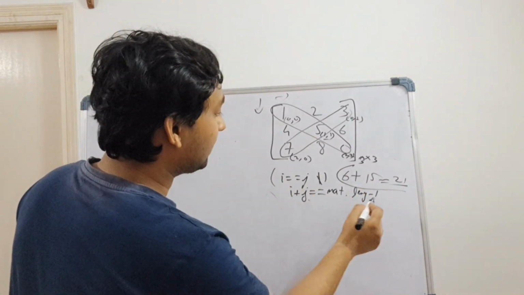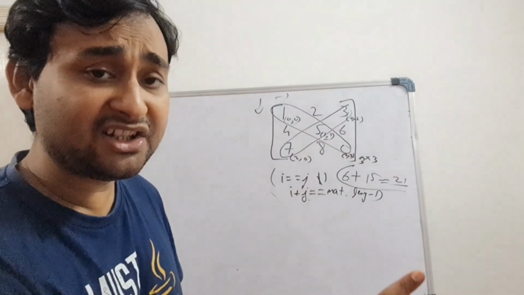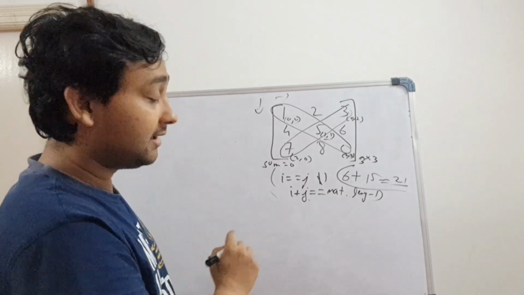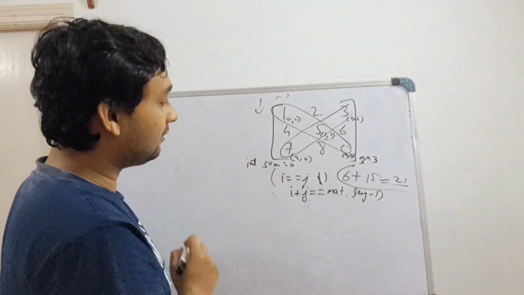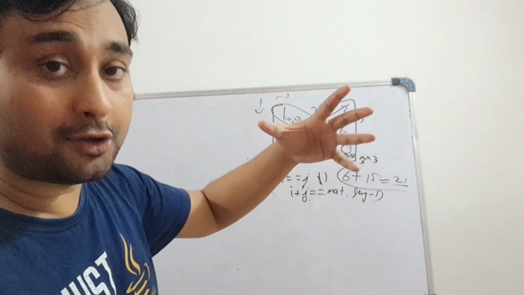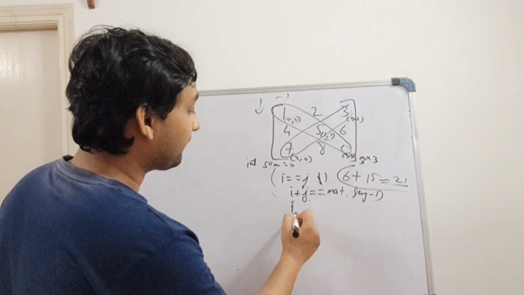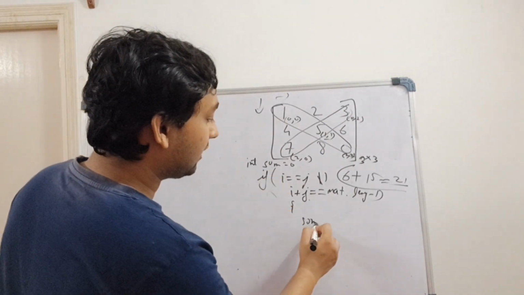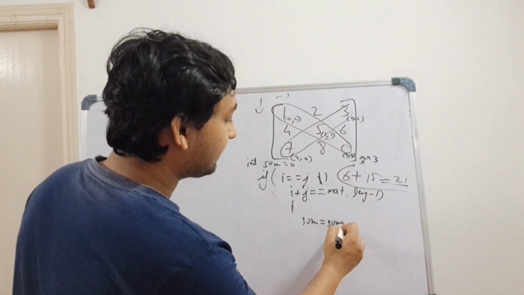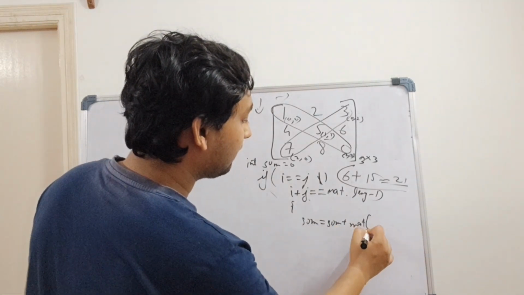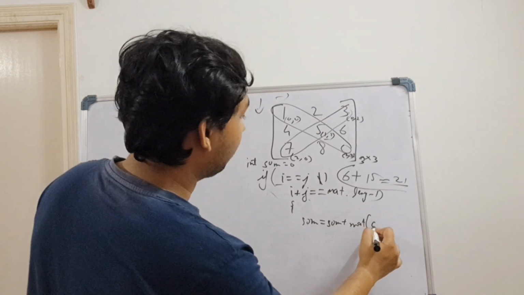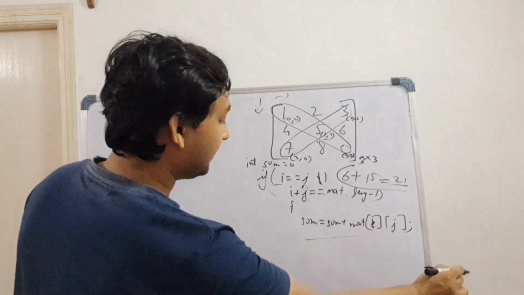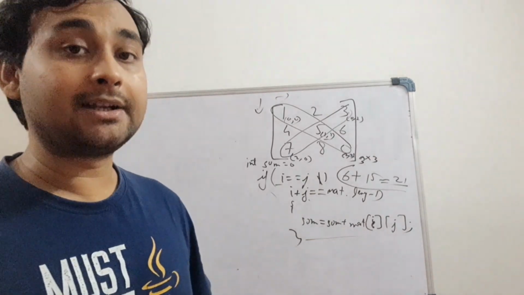If one of these two conditions gets satisfied, we make use of sum. We have defined int sum equal to 0 outside the 2 for loops, and after the if condition we write sum equal to sum plus matrix of i and j. Like this we can calculate the sum of the diagonals.